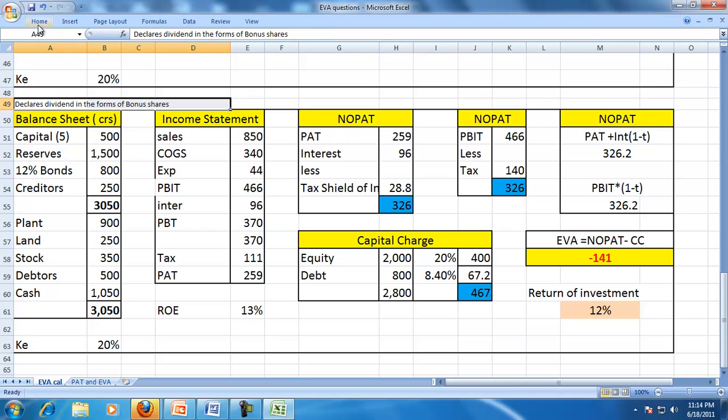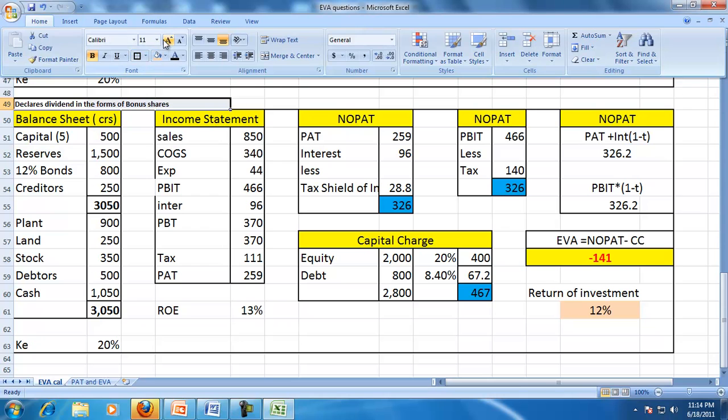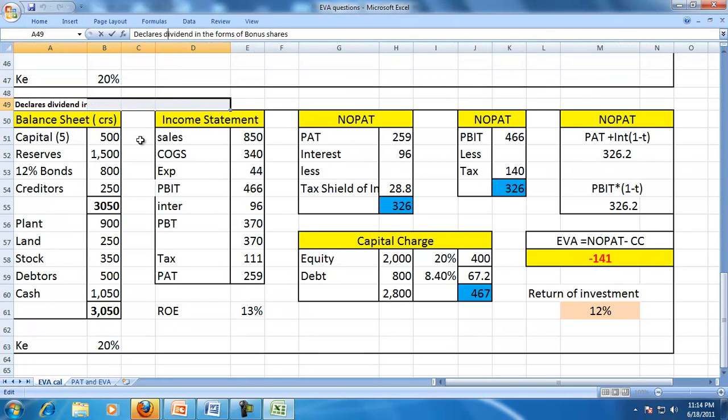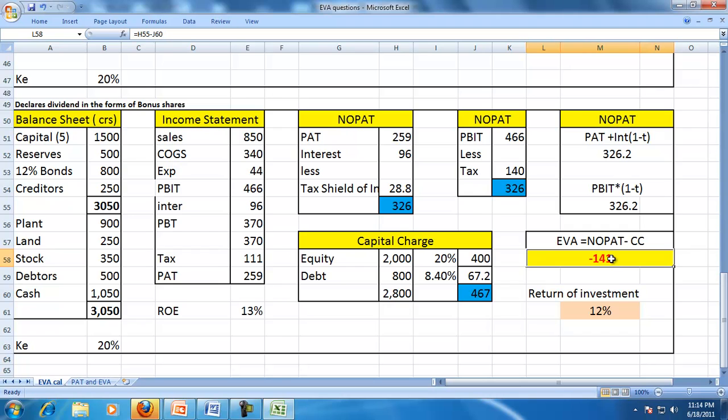So in that case, the company is declaring the dividend, but there is no deduction in the cash, but the reserves are converted into the capital. So my new capital will become 1500, and the reserves will come down to 500. So therefore the composition of the capital equity changes, but the total equity remains same.